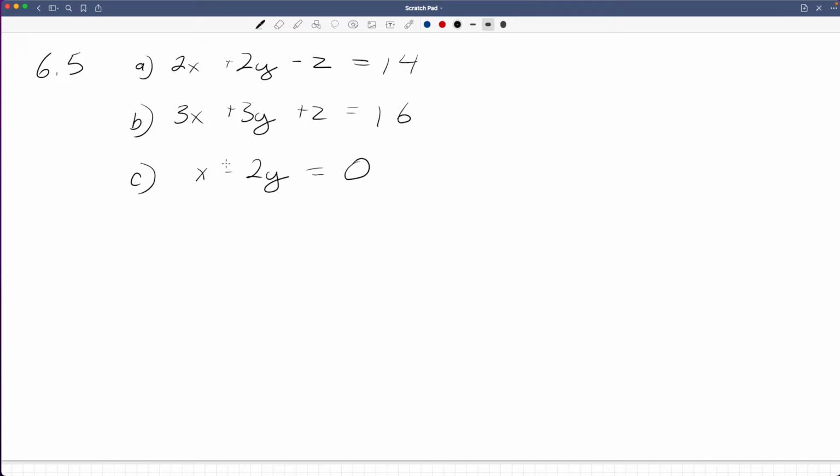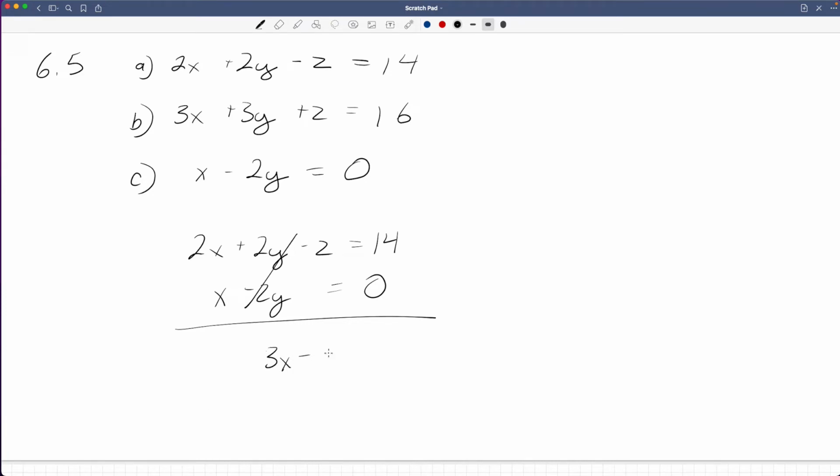So I'm going to say 2x plus 2y minus z is equal to 14, and x minus 2y is equal to 0. So I eliminate the 2y and I get 3x minus z is equal to 14. So there's my new equation that I can use. I'm going to write that up here. 3x minus z is equal to 14.